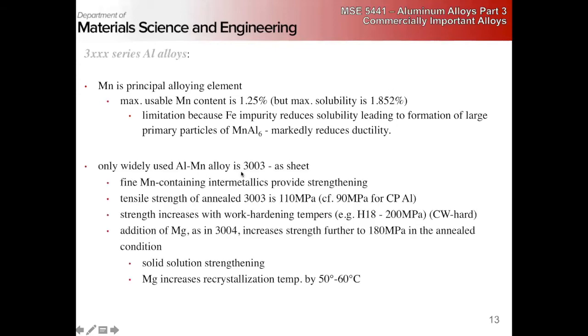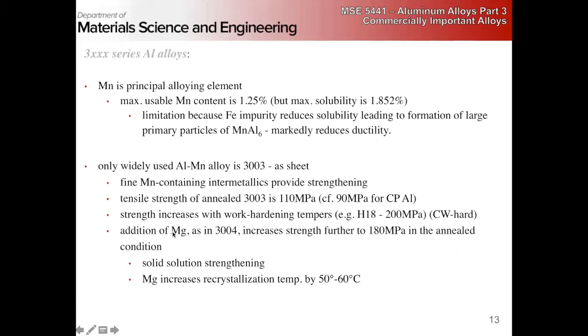The only widely used alloy in the 3000 series is 3003, and this is as sheet, and this is the beer can alloy, right? So we have these fine manganese-containing intermetallics that give us a little bit of strengthening. Strength increases with work hardening.